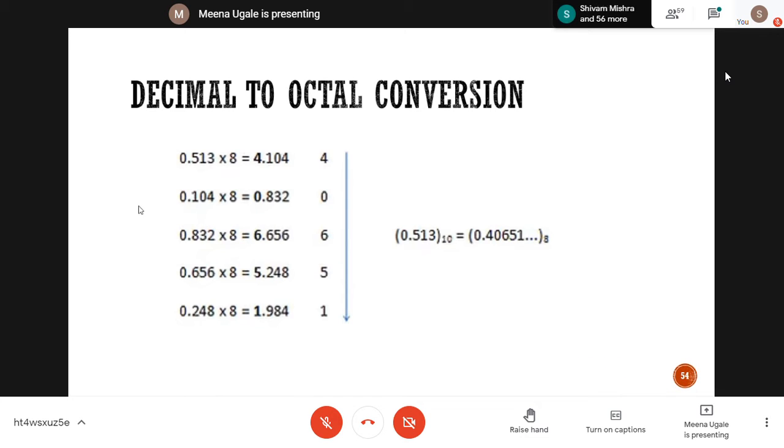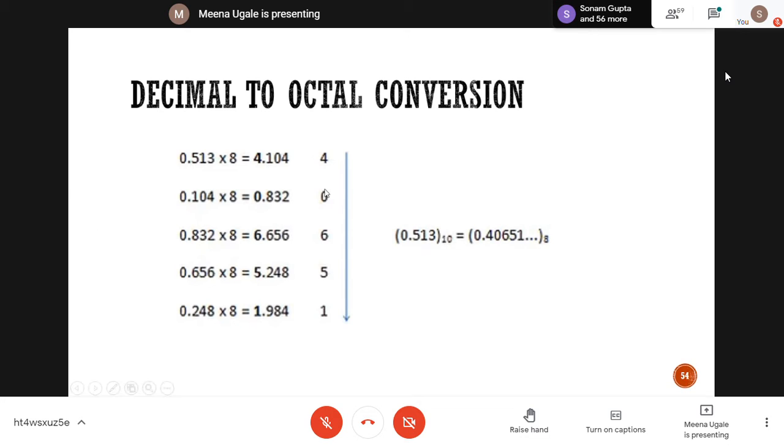What if you are given a fractional number and you want to convert it to octal? Same way we are going to follow it. Just see this example. Decimal I have is 0.513. I'm supposed to find out its equivalent octal number. So what I will be doing here, multiply it by 8.